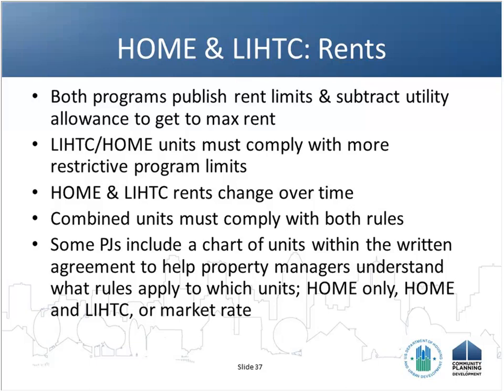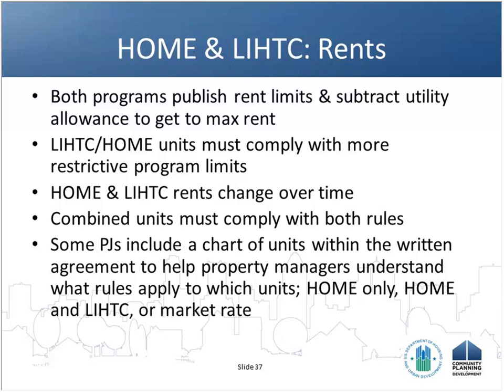As I mentioned, many PJs are choosing as part of their written agreement to include some detailed charts to help property managers figure out specifically how that unit mix may work, because you may have some units that are just tax credits, some units that are HOME only, and then some units that actually have been designated as both a tax credit unit and a HOME unit.